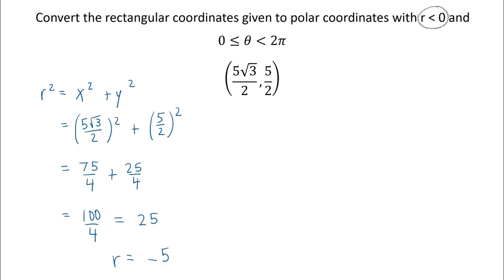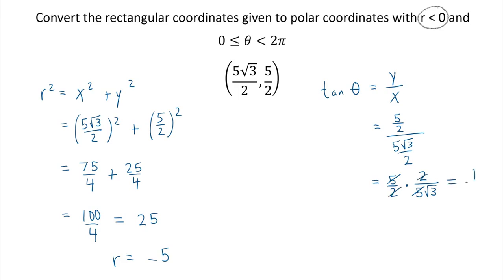Now let's find theta. To find theta, we know we're going to use tangent of theta equals y over x. Well, that's equal to 5/2 divided by 5 times the square root of 3 over 2, which is equal to 5/2 times 2 over 5 times the square root of 3. 5's divide out, 2's divide out, which leaves us 1 over the square root of 3.